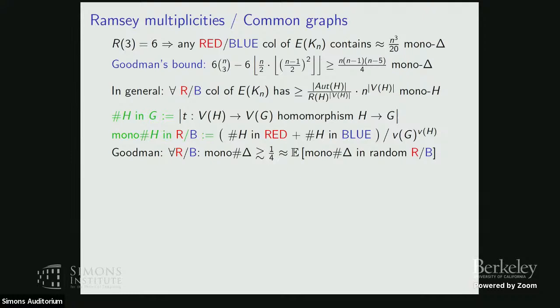Then roughly 1/8 of your copies are monochromatic in red, and 1/8 of the copies are monochromatic in blue. So certainly one cannot hope to improve this 1/4 just using this simple observation.